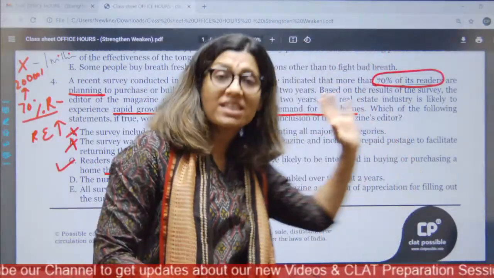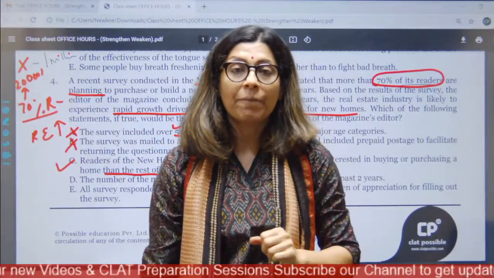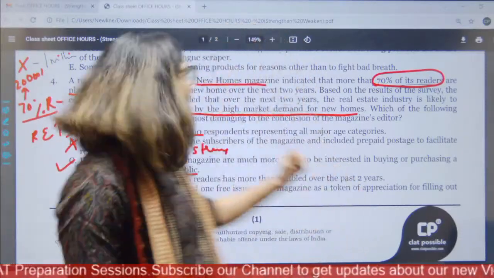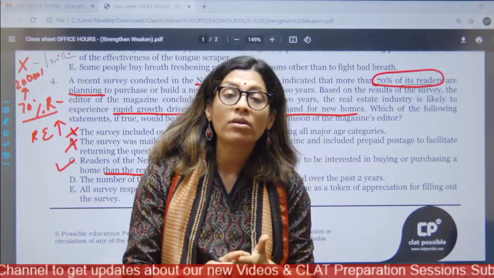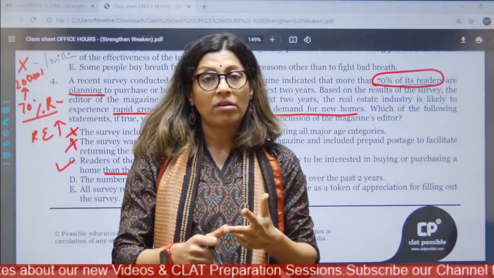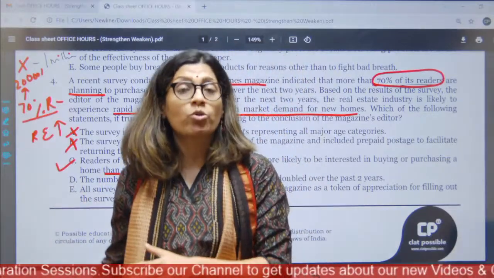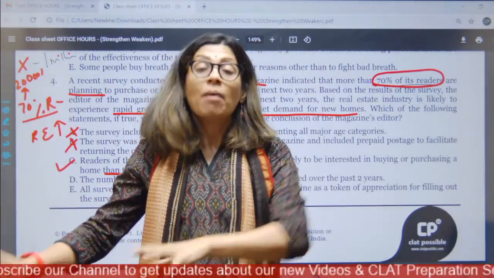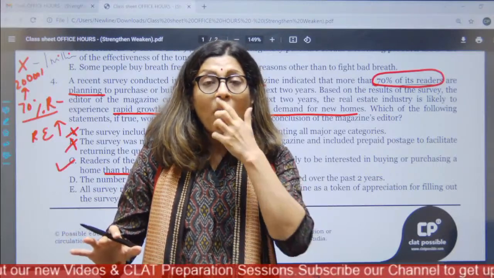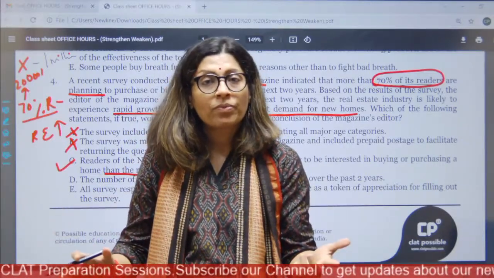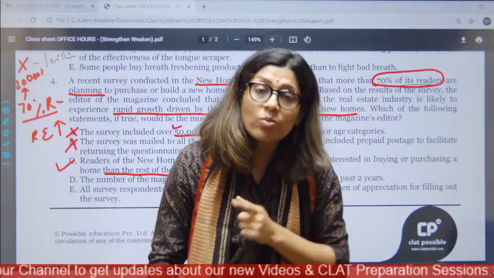Let's assume that these readers are unlike anyone else who lives in that area. Maybe these are the readers who live in good houses, they are moneyed, and they are only 5% of the whole township. The rest of the township is middle income group or below income group. So what these readers do does not decide what everyone else will do.